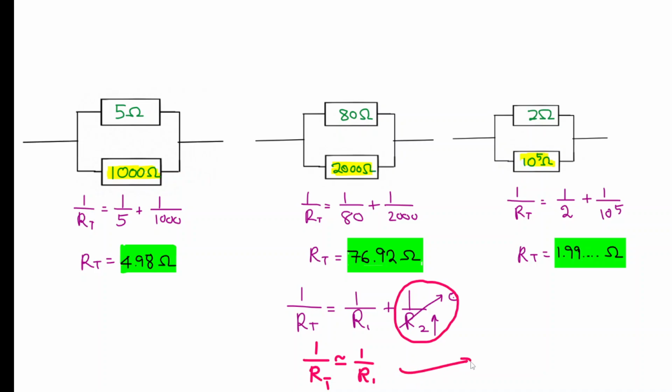The implication of that is the total resistance is approximately the same as the remaining resistance, in this example R1. So that's why the total resistance here is 4.98, which is close to 5 when this is big. Here the total resistance is 1.99 something, which is very close to 2, because this number is very big.